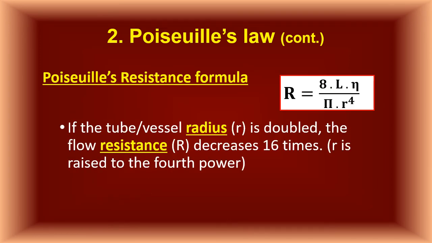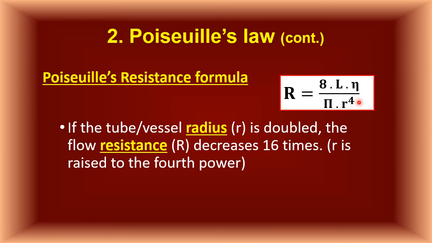To emphasize the relationship between the radius and the resistance, we need to understand it very well. The radius is half of the diameter of the blood vessel. If the radius doubles, it was 1 and becomes 2, what will happen to the value of the radius raised to the fourth power? 2 times 2 times 2 times 2 is 16.